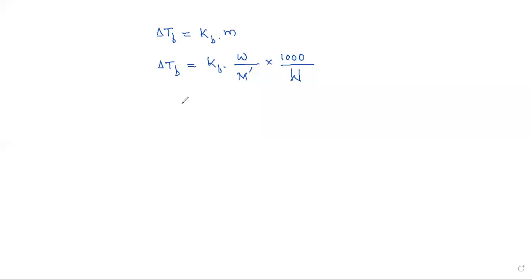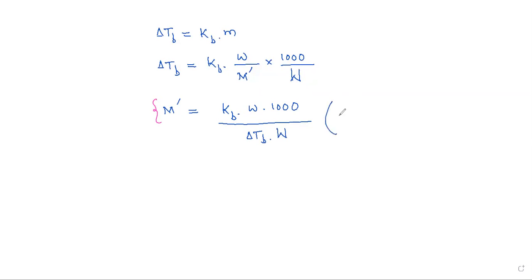So from this, we can derive the expression for the molecular weight of the solute, which is what we are going for in all the colligative properties. So M dash can be given as KB into small w into 1000 by delta TB into capital W.